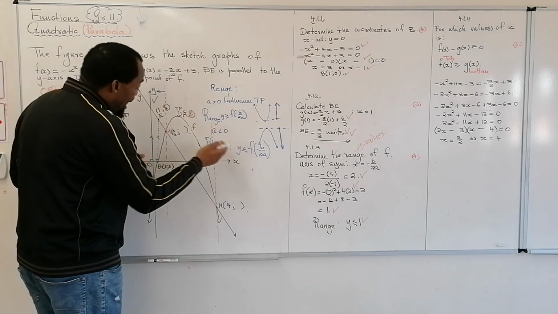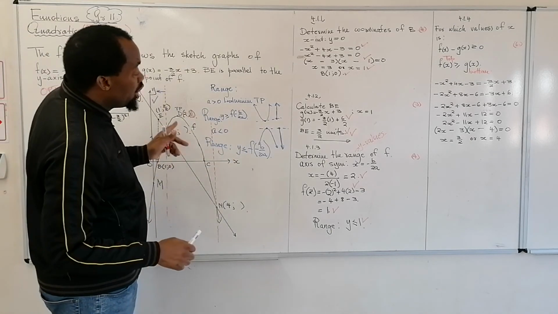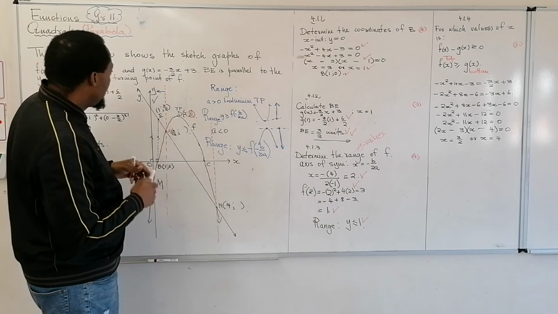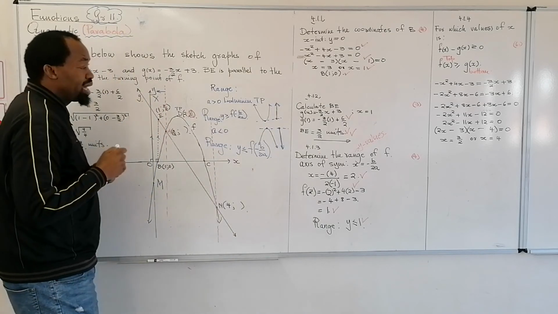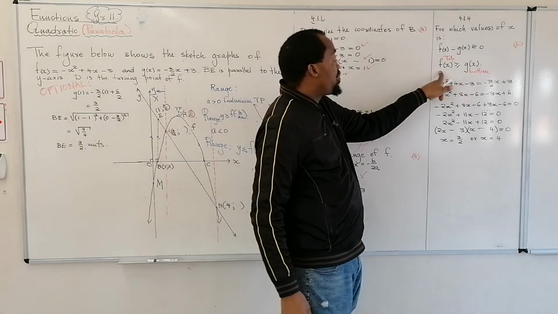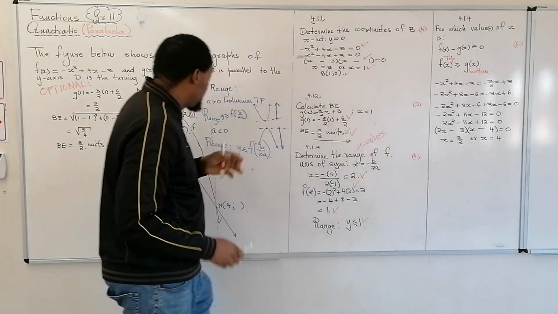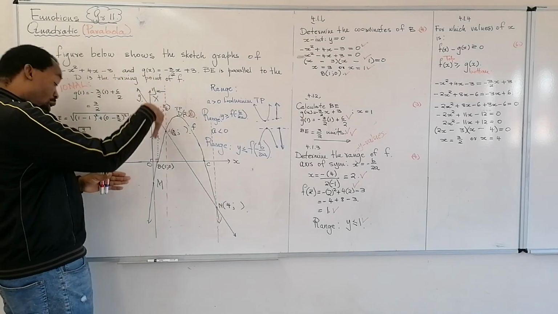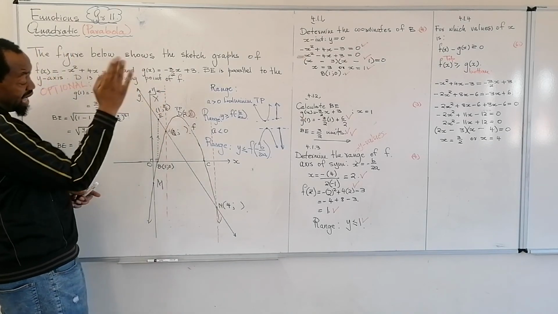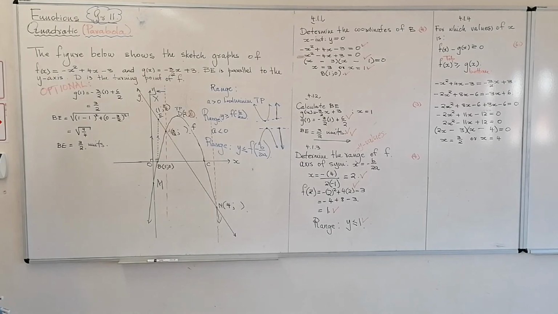Now, when I come to this side, can you see that? Oh, here, it is not right. Remember, F must be on top and G must be at the bottom. In this case, G is on top, F is at the bottom. We say, we don't need that.